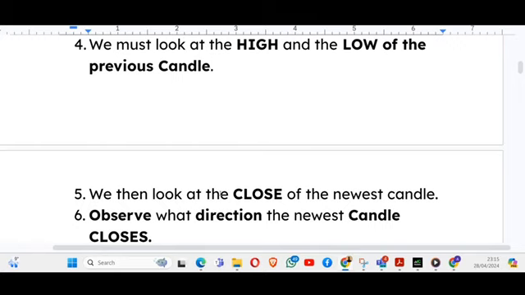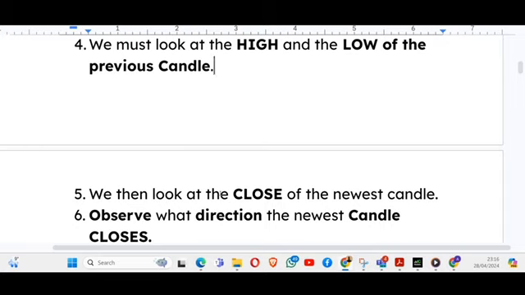And what we just want to observe is where Saturday's candle closed in comparison to Friday's candle. Friday's candle is already formed as well. We can see the highs, we can see the lows. Saturday's candle, we can see the highs, we can see the lows as well.